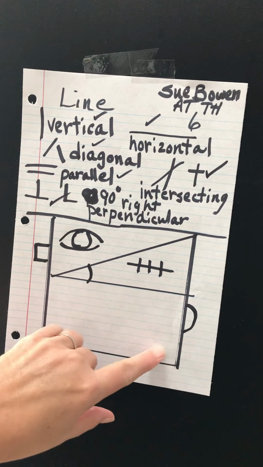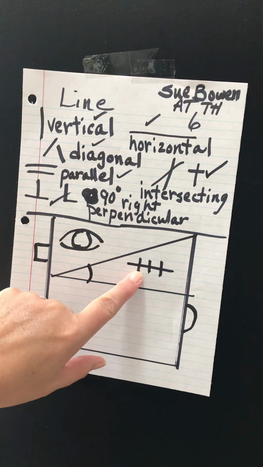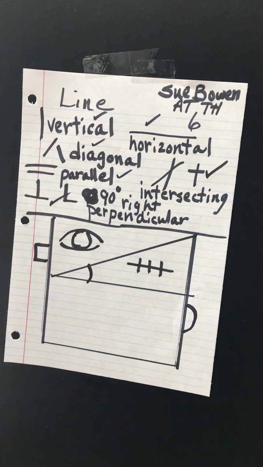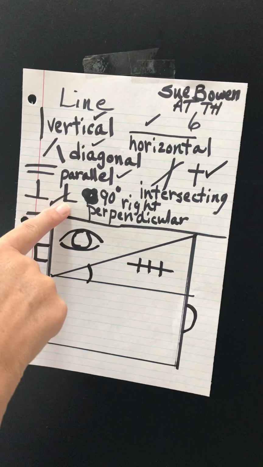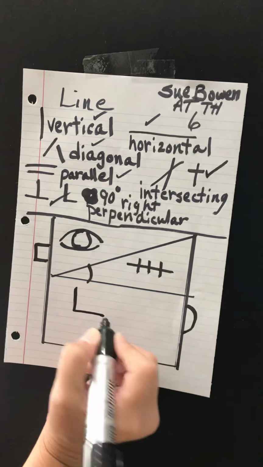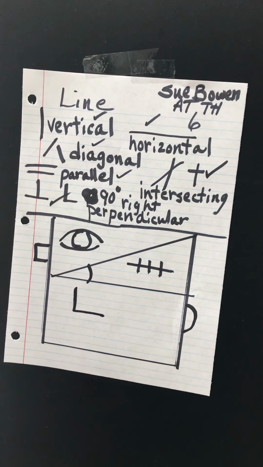One's high, one's low. The eye, one's high, one's low. We've got a nose in here. We need a mouth, but it can't look like a normal mouth. So let's just use our perpendicular lines for that too. Now, that looks like something that Picasso would do. Distorted, out of whack, strange, and yet somehow still looks like a face.